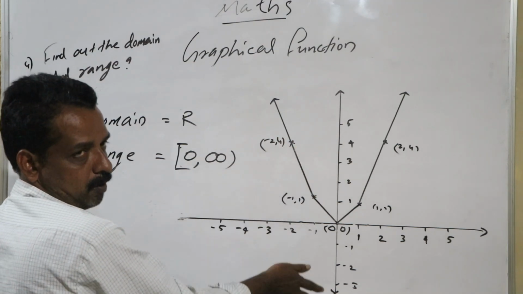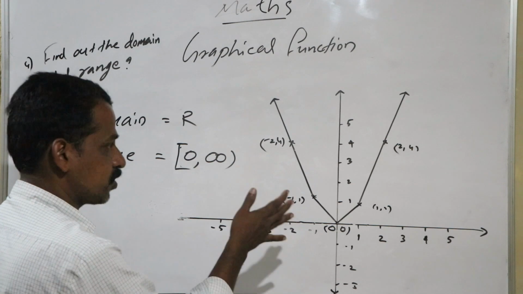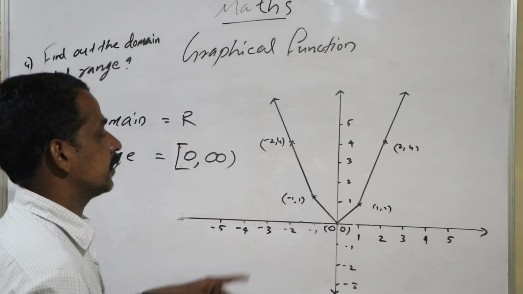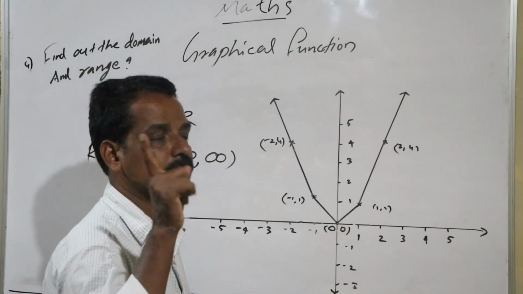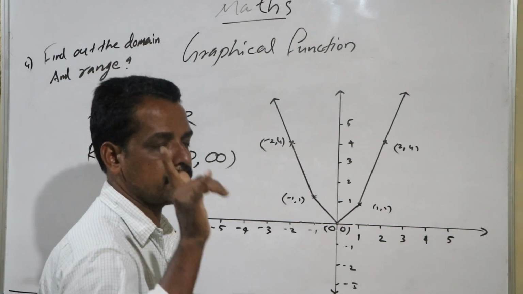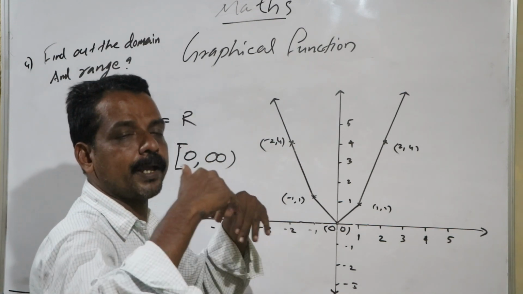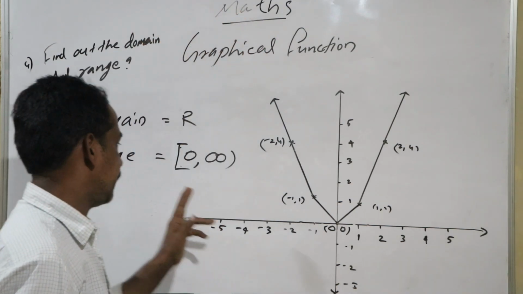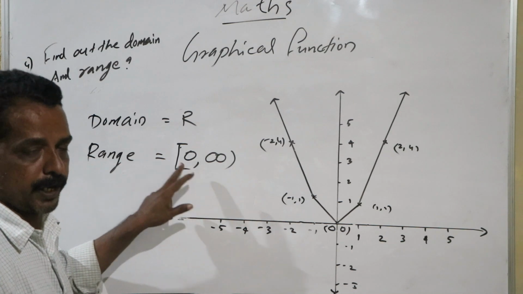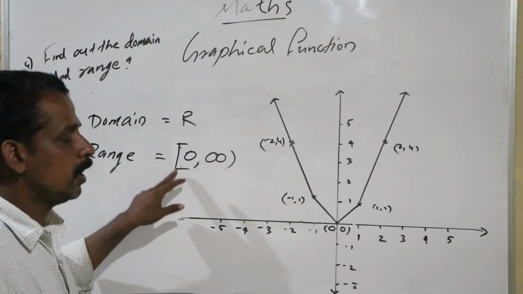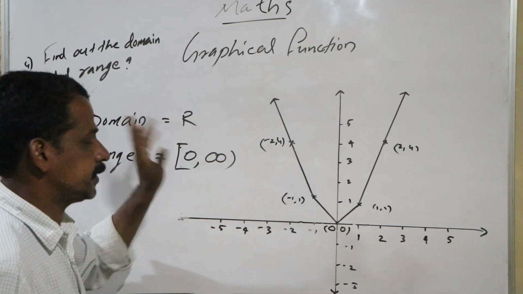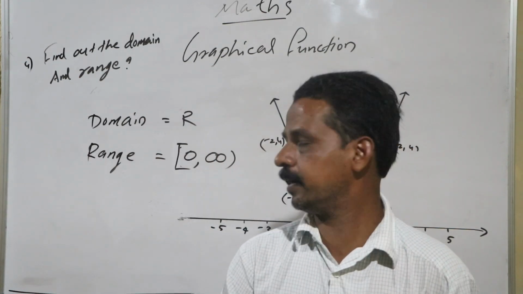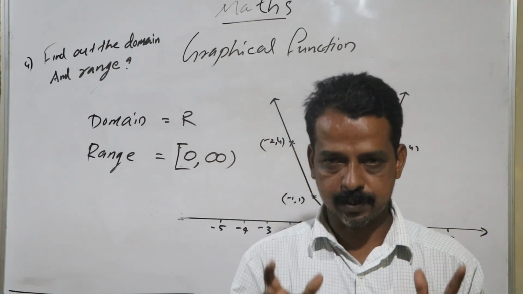The graphical line according to the y-axis starts from 0 and only goes up. So the range starts from 0, including 0, so it is a closed interval, and goes to positive infinity.